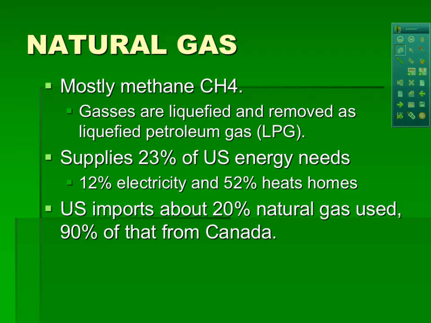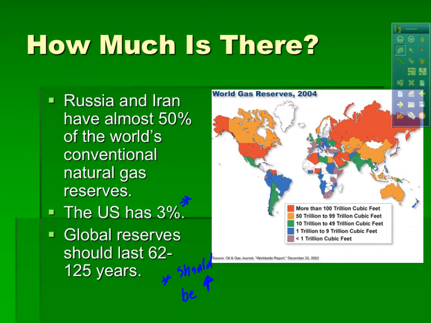So we're primarily taking our natural gas from Canada. There's a bigger reserve of the natural gas, up to about 125 years, than there is of the oil. There are larger reserves, potentially.